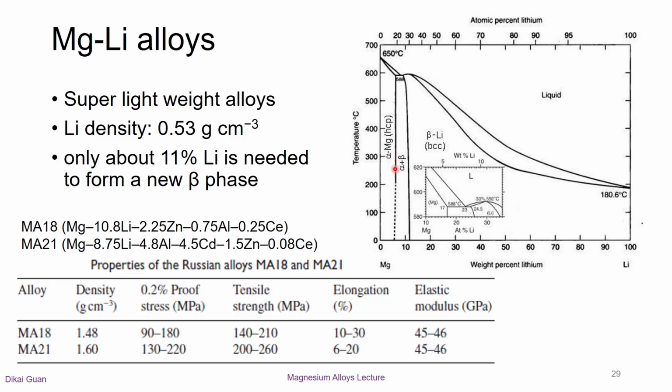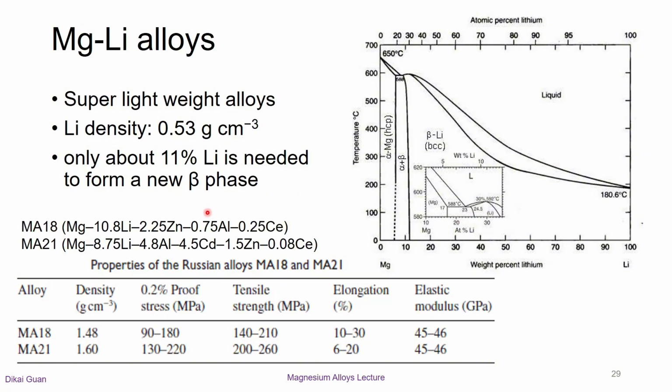The second phase, beta BCC, is also stable down to room temperature, opening the possibility of producing alpha plus beta and beta workable alloys. As shown in the phase diagram, only about 11% lithium is needed to form a full beta phase magnesium-lithium alloy.